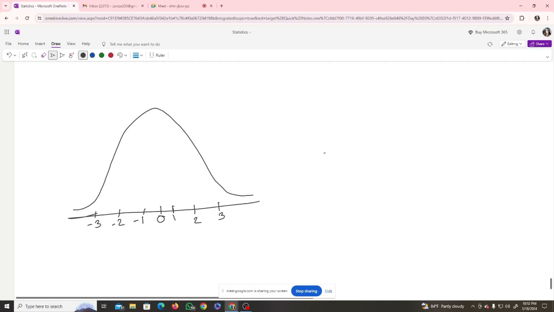So what is your question? The question is to find the area between -2 and 1. So we are asked to find this area, right?